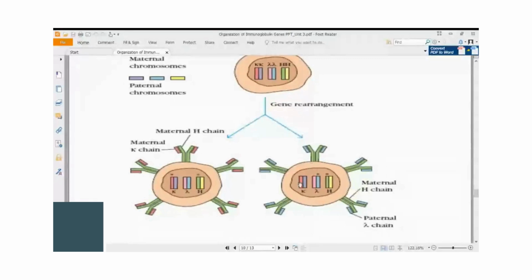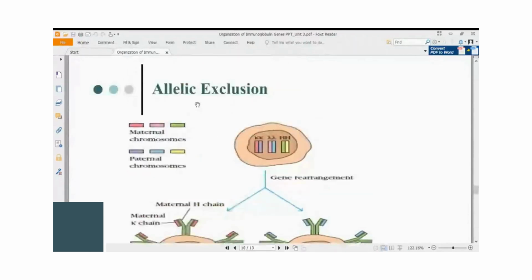Here, once again, the kappa chain genes, both paternal and maternal, are silenced. In this B lymphocyte, the maternal heavy chain gene is used, and the paternal is silenced. In the light chain gene, the lambda gene is not chosen, so it is silenced. In the kappa chain, the maternal kappa chain gene is chosen, and the paternal is not chosen, so it is silenced. So among the pairs of genes, whichever gene is silenced or not chosen, that is called allelic exclusion.